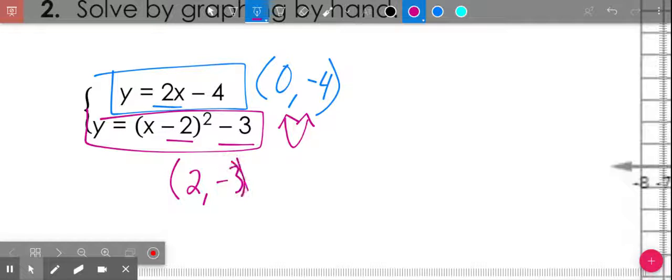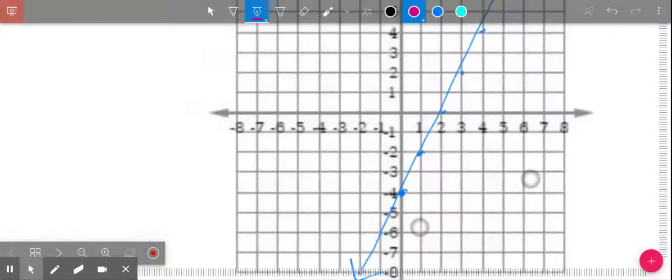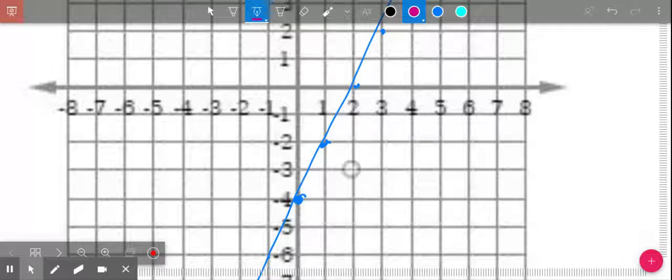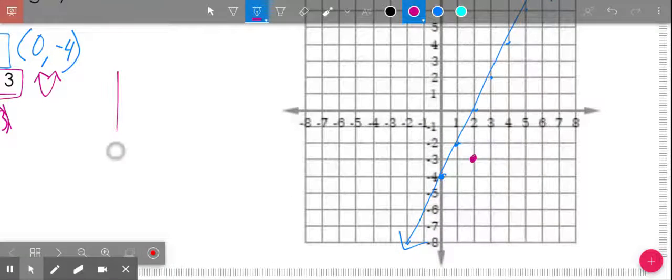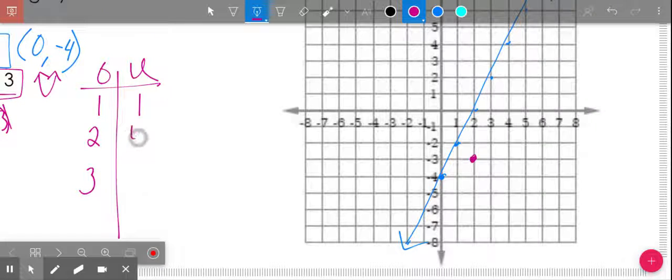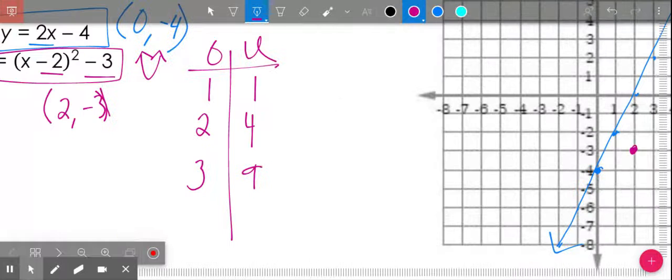So we're going to start by plotting our vertex. And then remember, to graph a quadratic, we make our over and up table. We're going to go over 1, 2, 3, and up 1, 4, 9. And remember, we always multiply by our a value, but our a value here is just a 1, so multiplying by 1 is not really going to change anything.